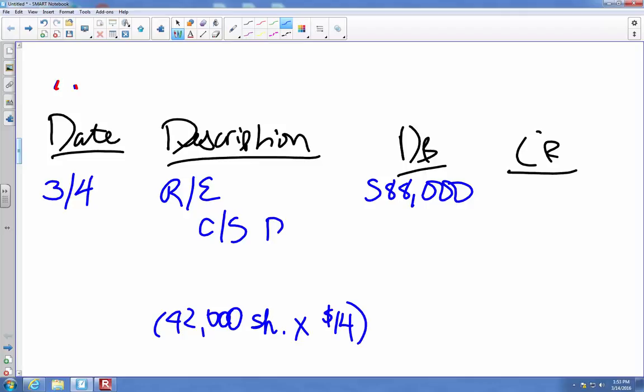Isn't that the common stock dividends? Yes, it's not a payable, it's not a liability. You've impaired equity. That's different. You don't owe any assets. And that, okay, is that right?